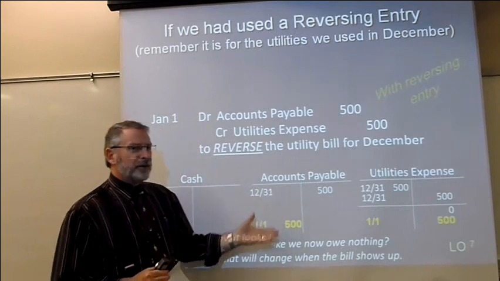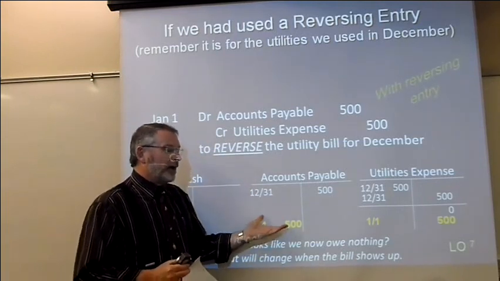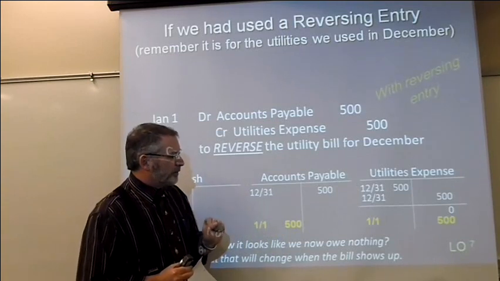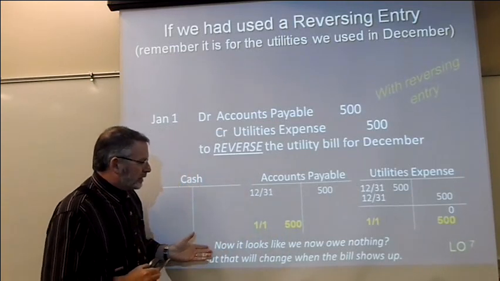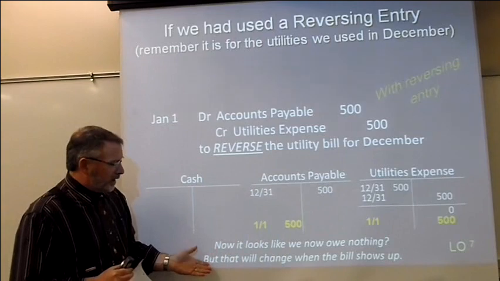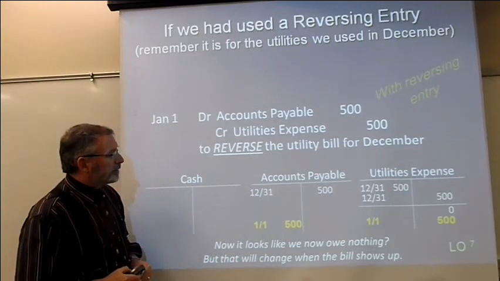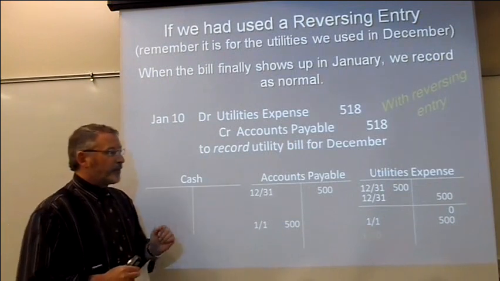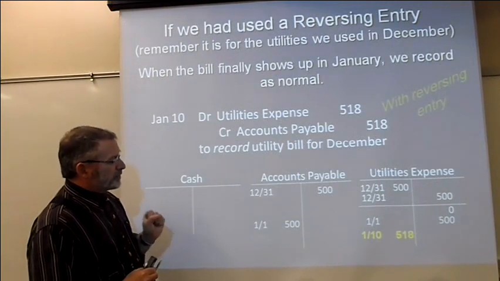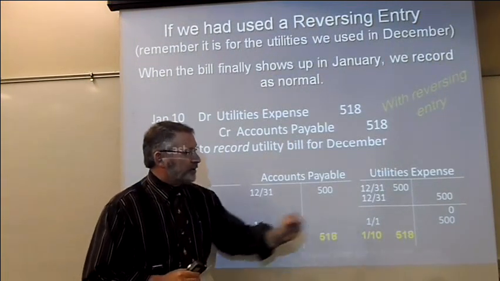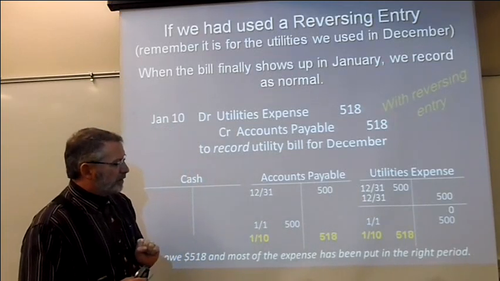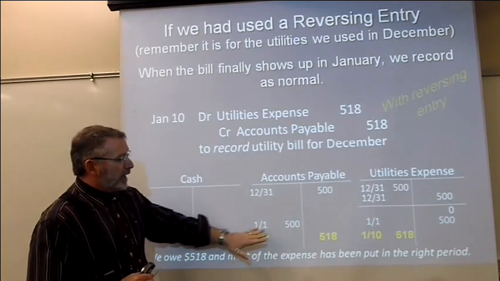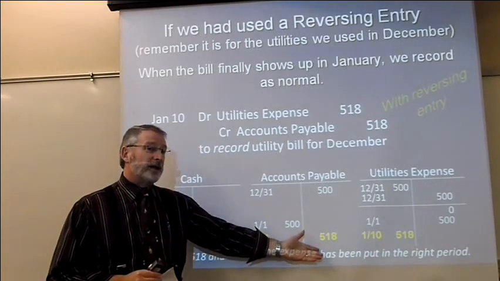In accounts payable, technically we haven't received the bill yet, so until we get it, we pretend we don't owe the utilities company anything. Now it looks like we owe nothing, and then we wait for the bill to show up. So now when that bill for $518 shows up, and we process it like we normally do on January the 10th, we'll debit utilities expense for $518, and credit accounts payable for $518, so now we owe $518.